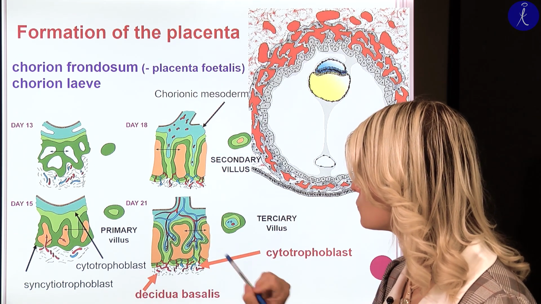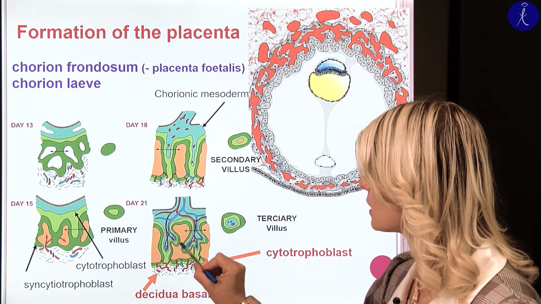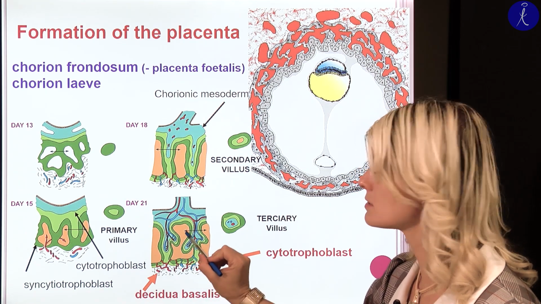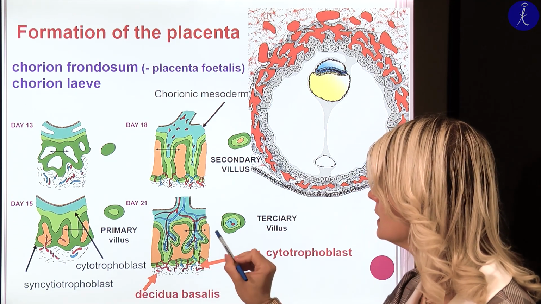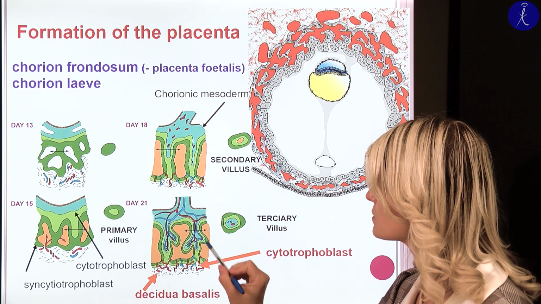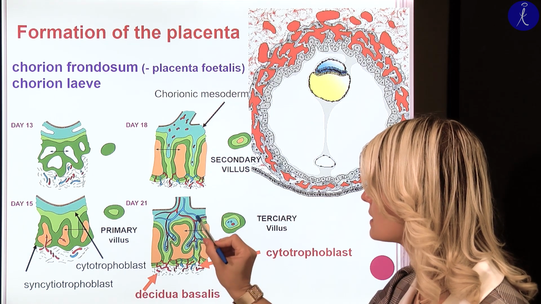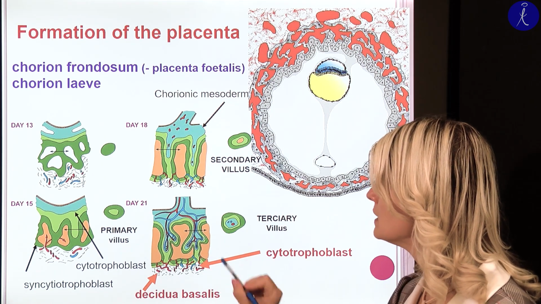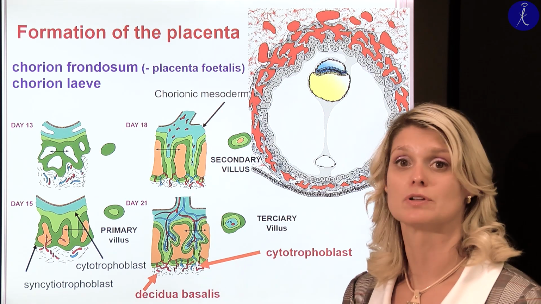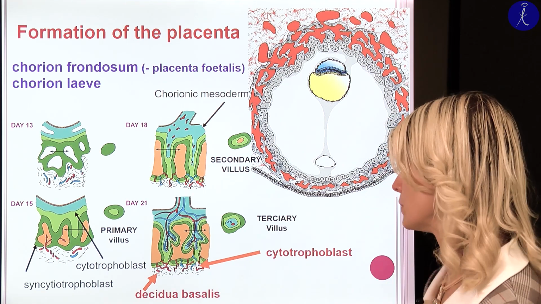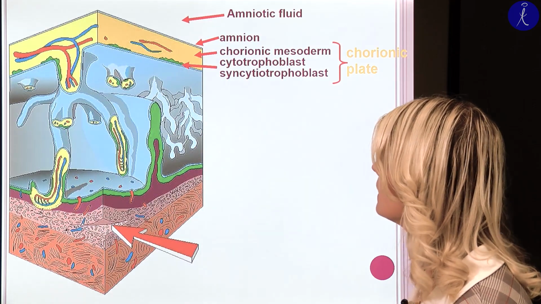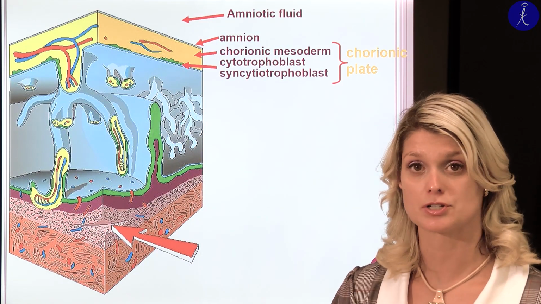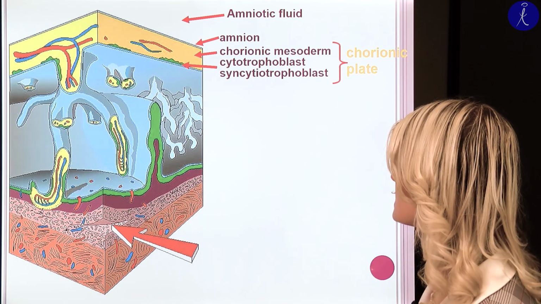Here we can see the blood of the mother on the maternal side, in the decidua, and this is the blood of the baby. Between them, the trophoblast cells and the extraembryonic mesoderm form a barrier between the two parts.